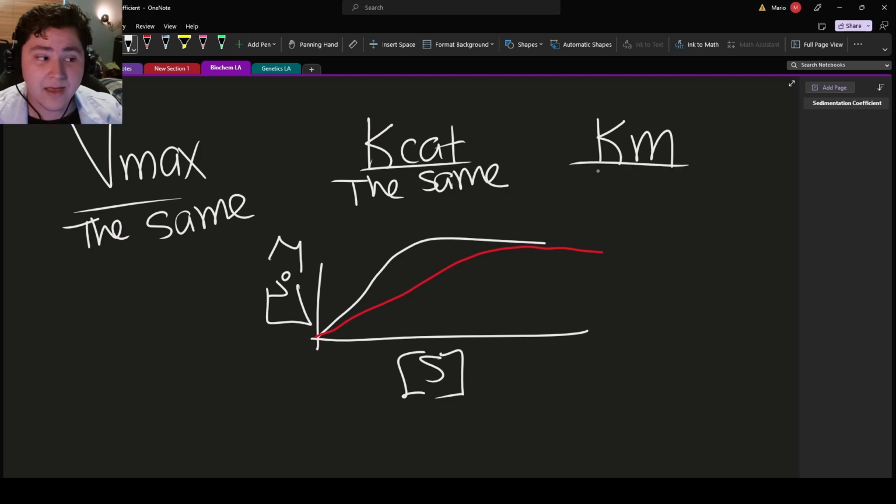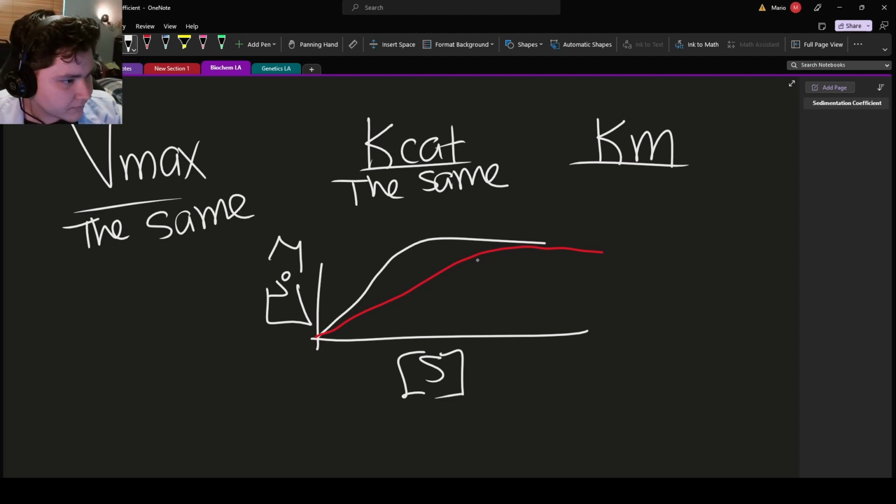And what about our Km? So our Km is a slightly different story. So remember that Km refers to our Michaelis-Menten constant. This is the value that we attribute to affinity, right? The higher your Km is, the lower your affinity, and the lower your Km is, the higher your affinity. The reason why is because we're looking at the amount of concentration of substrate required to get to half the Vmax.